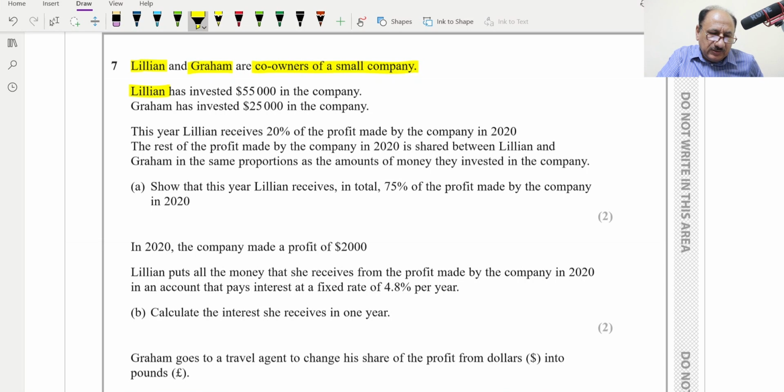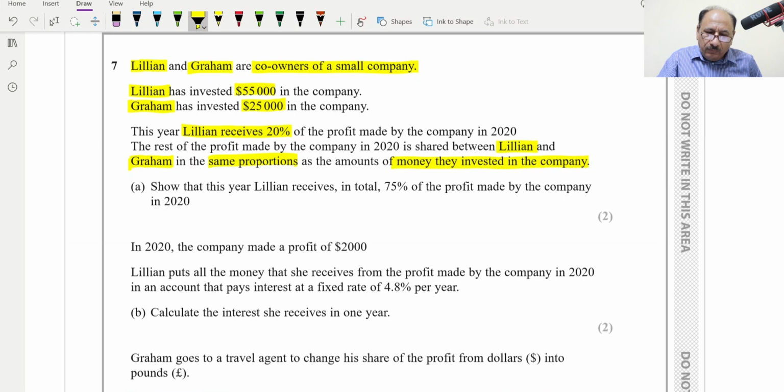Lillian has invested this much amount, and Graham has invested this much amount in the company, and this year Lillian received 20% of the profit made by the company in 2020. The rest of the profit made by the company in 2020 is shared between Lillian and Graham in the same proportion as the amounts of money they invested in the company.